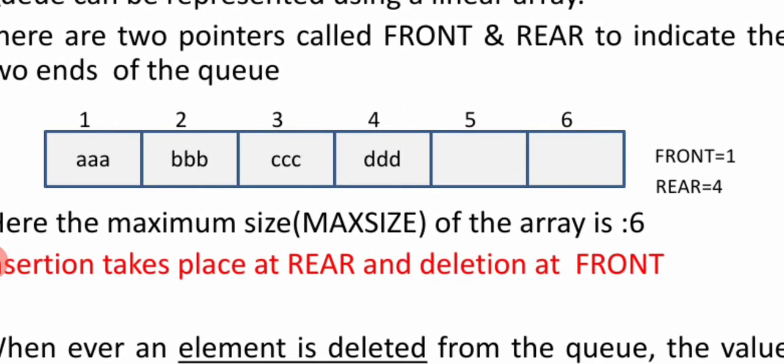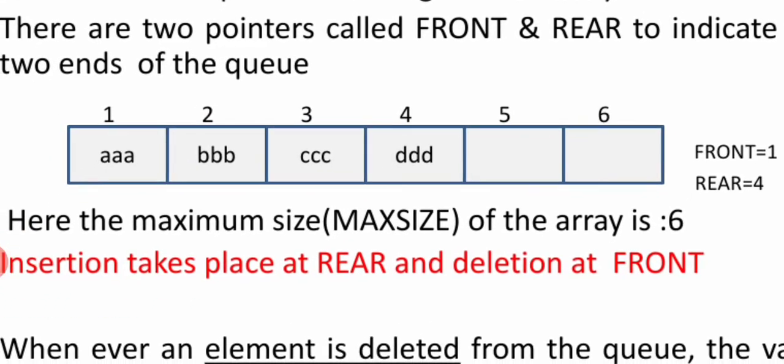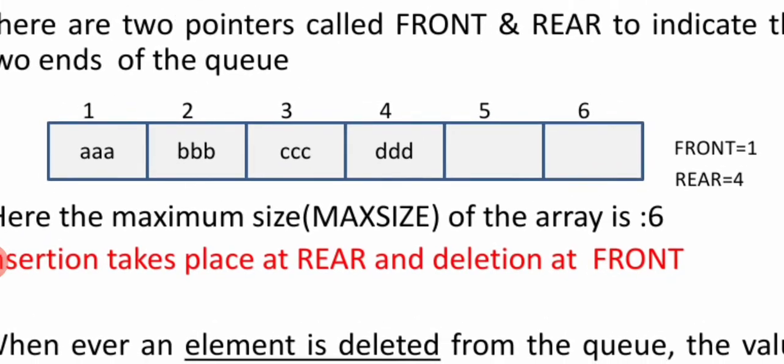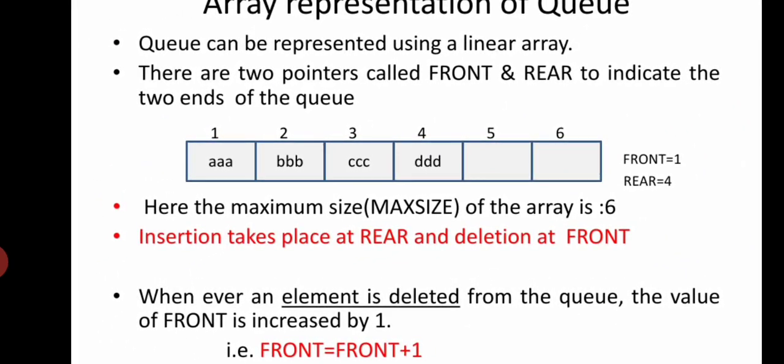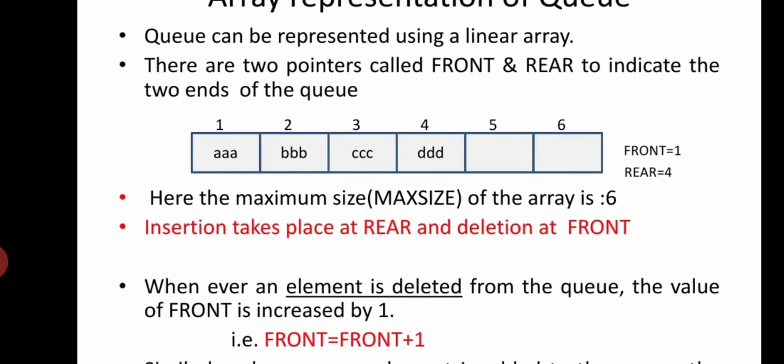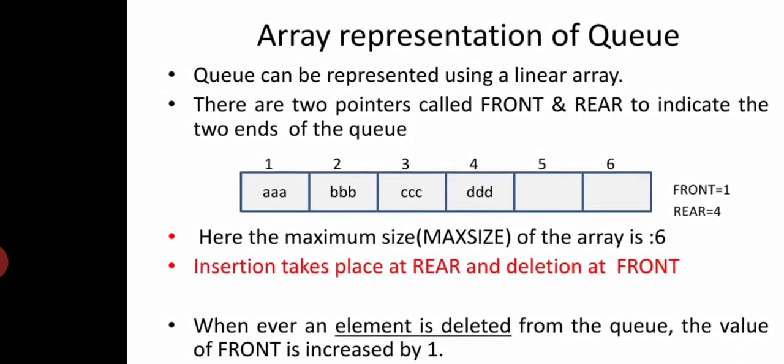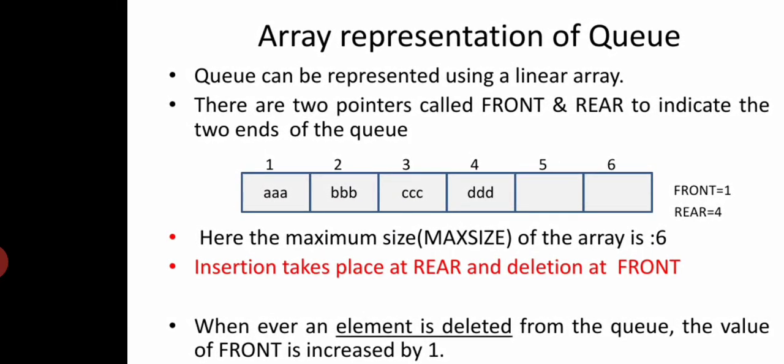According to the elements stored in the array, you can assign the value of front as 1, because AAA is inserted at index 1 as the front, and the rear is assigned as 4, because the last element is inserted at the fourth index.